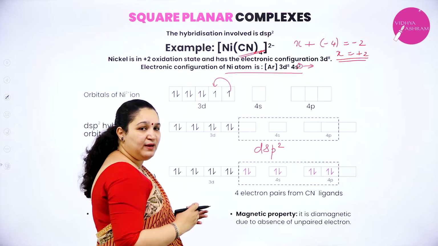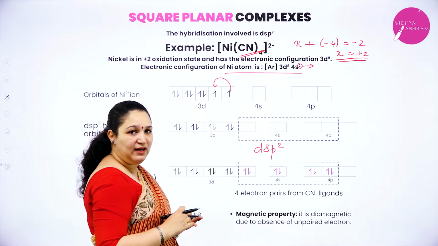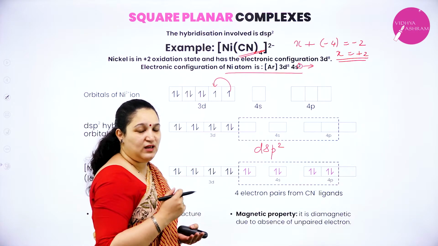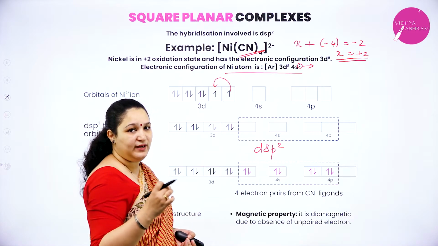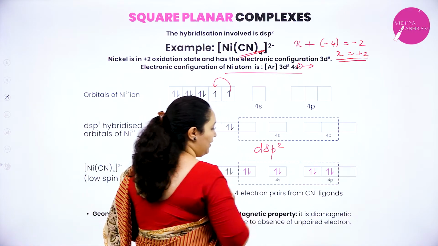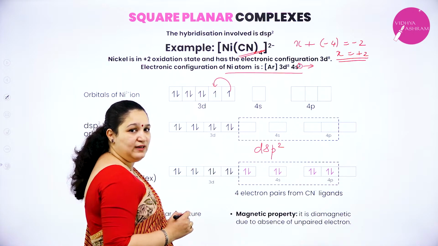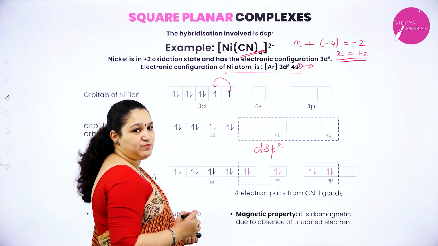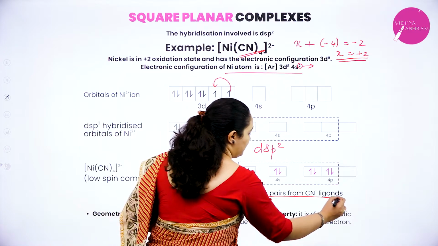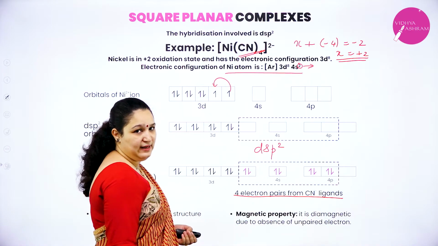Now the hybridized orbital of the metal ion will overlap with the orbitals of the ligand to form coordinate bond, and the electrons from the ligand are filled up in the dsp2 hybridized orbital. So 4 electron pairs from CN minus ligand.